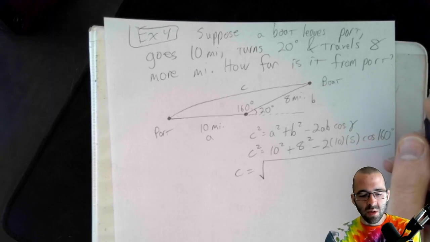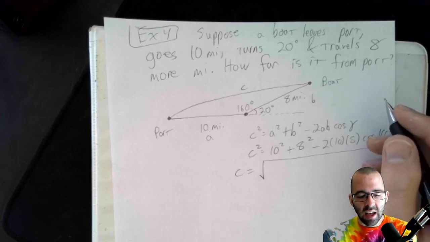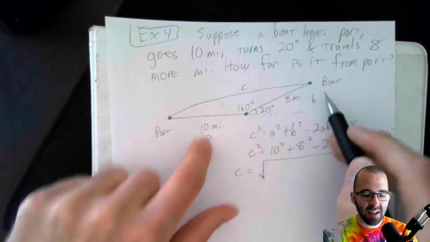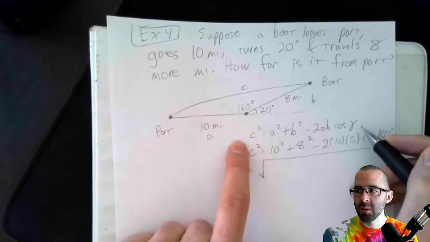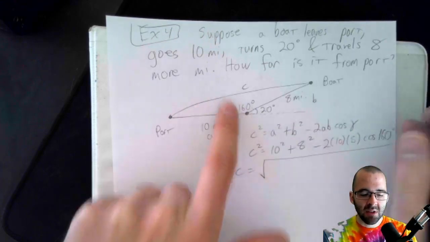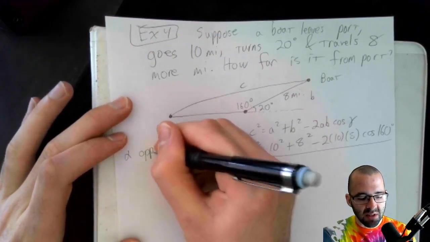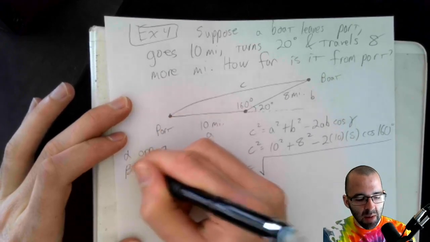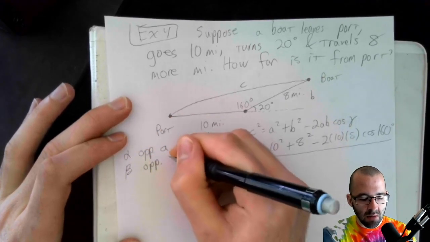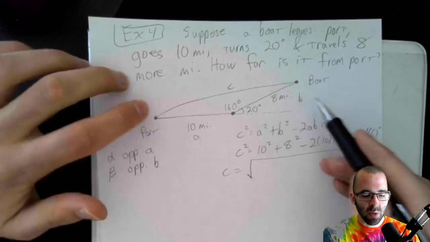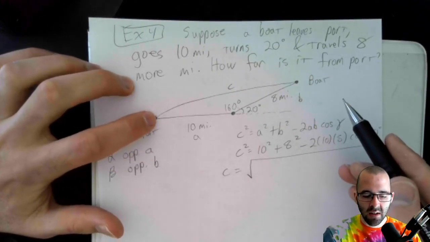So, oh, I see. So, I called it gamma. You can call it whatever you want. Again, you don't even have to be naming these things. I just like naming these things so they fit with my formula. And gamma is always opposite C. Alpha is always opposite A, and beta is always opposite B in naming conventions. So if this is the side B, we would call this angle beta.